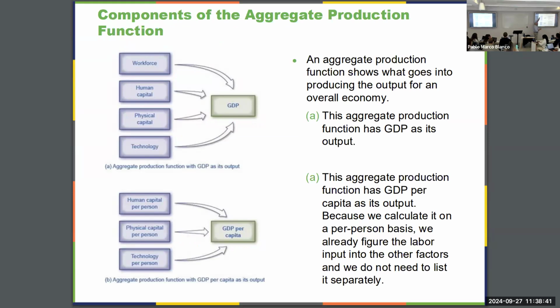Those are the workforce. Remember, in the workforce, we are looking for two things. One is education, which is the capacity of these people to have skills. And the second one is experience, because if they know how to do stuff, they will be much better, right? So the second thing is human capital. I already mentioned that. What is physical capital? What do we consider physical capital?